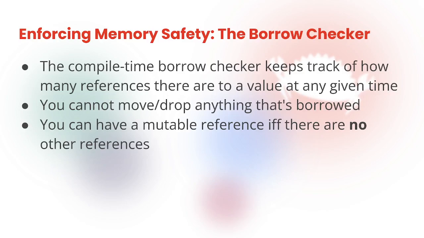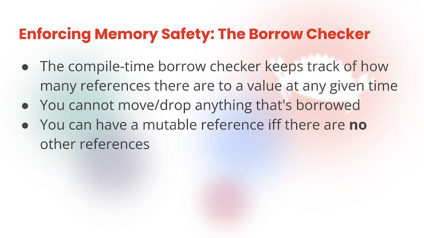And now we're going to go over the borrow checker, which is the one thing that makes Rust Rust, in that references to values are tracked at compile time and are basically part of the type system. The compile time borrow checker will keep track of how many references there are to any value at any given time.